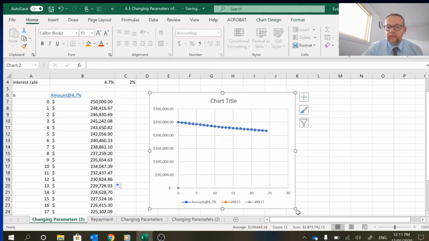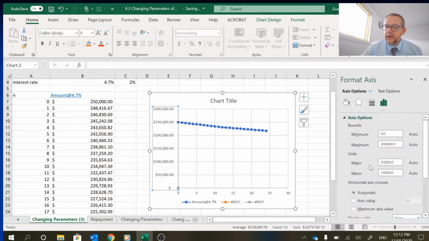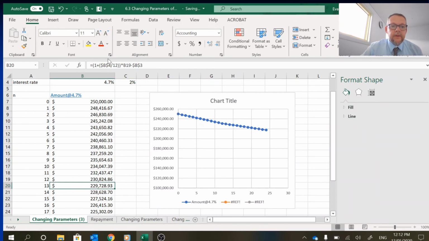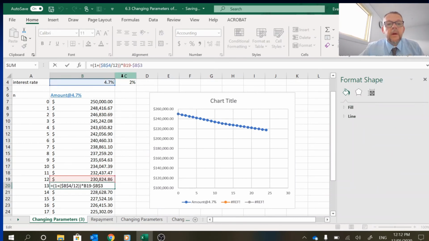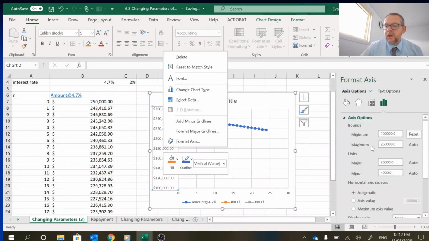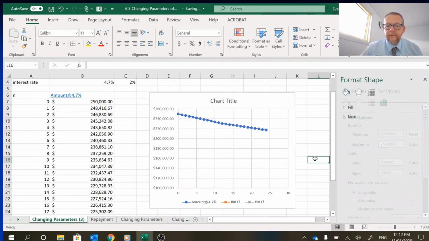And that scale is not really showing it well, so I'll just format the axis and make the minimum here 100,000. So what's this saying? After 13 months, it's gone to 4.7%, but for 1 to 12 months, it's done that. Let's even change this minimum so we get this exaggerated curve, so it's more obvious.